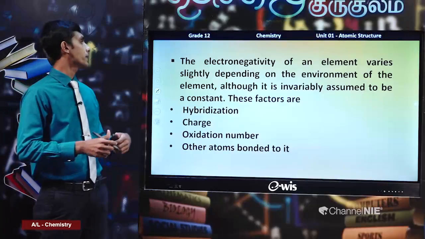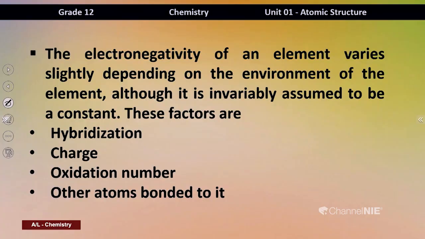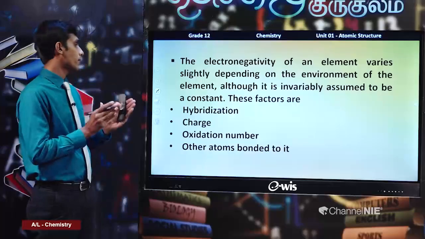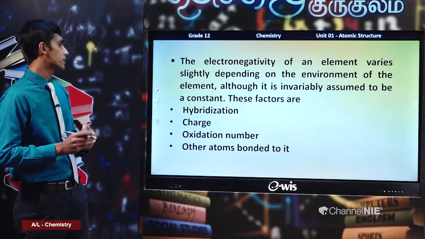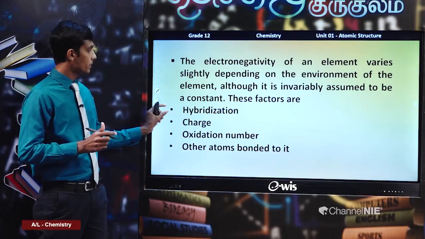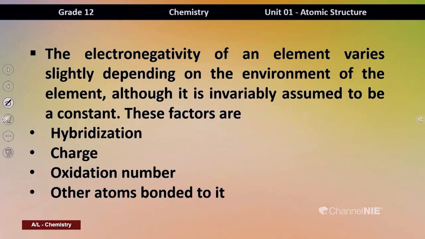The electronegativity of an element also varies slightly depending on the environment. We will learn these things in detail under unit 2, but just to have an idea, I will mention the factors: hybridization of the atom, charge of the atom, oxidation number of the atom, and the other atoms bonded to it. Those factors determine the electronegativity of a particular element. For example, consider two molecules, ammonia and HNO3.